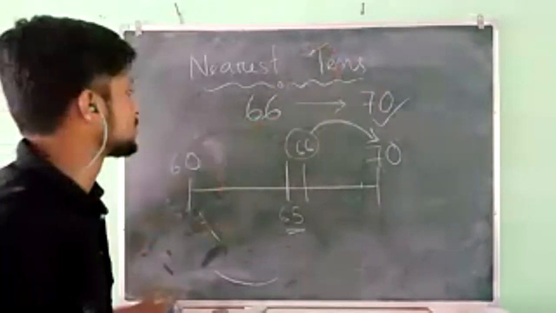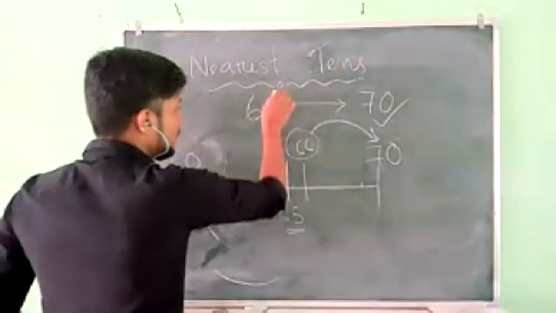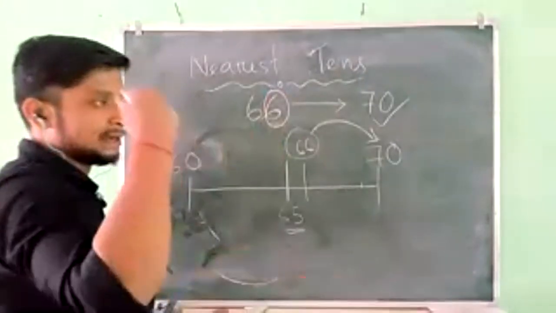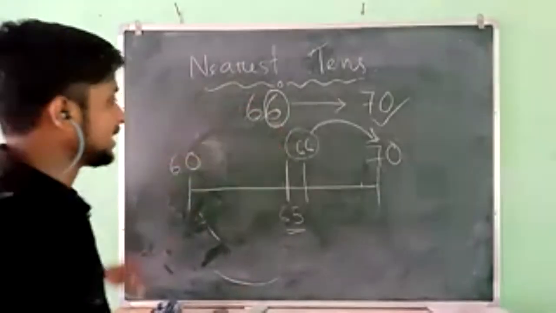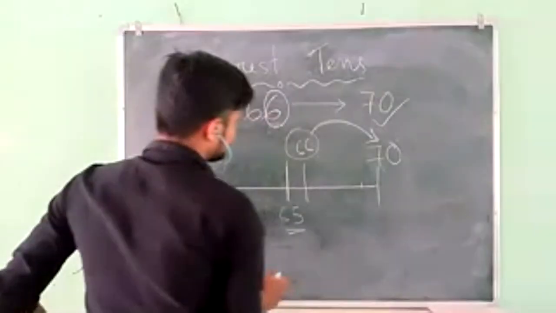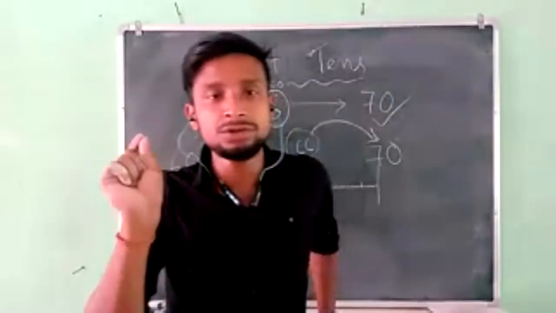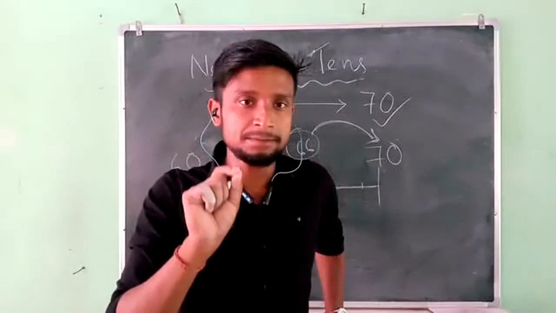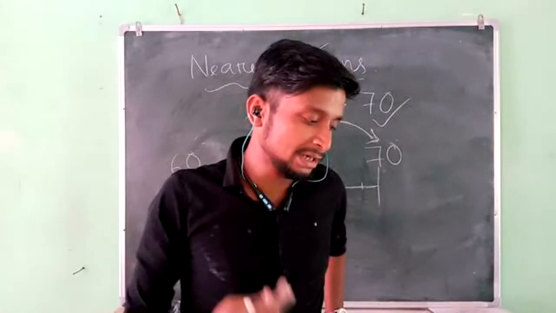So we understood that whenever we are rounding off any number to the nearest tens, we have to check only this digit, the ones place. Okay, if it is more than 5, then we have to do what? No need to write. It is just our introduction to rounding of numbers. In the next class, I will do the rest of the part. Then you have to write.